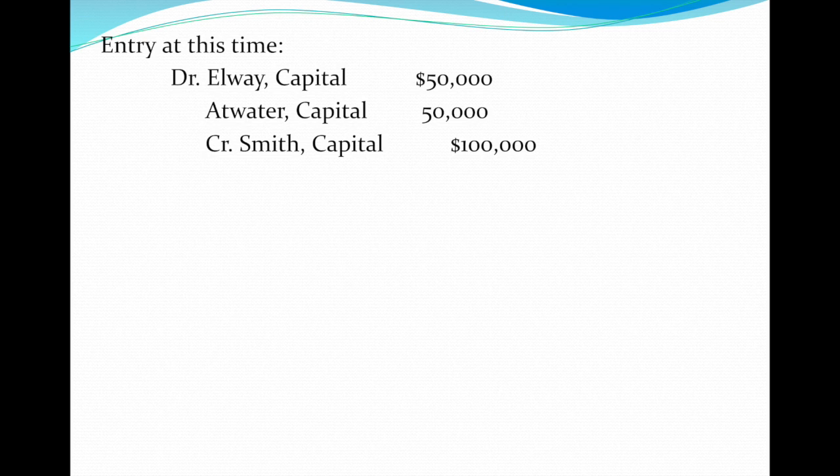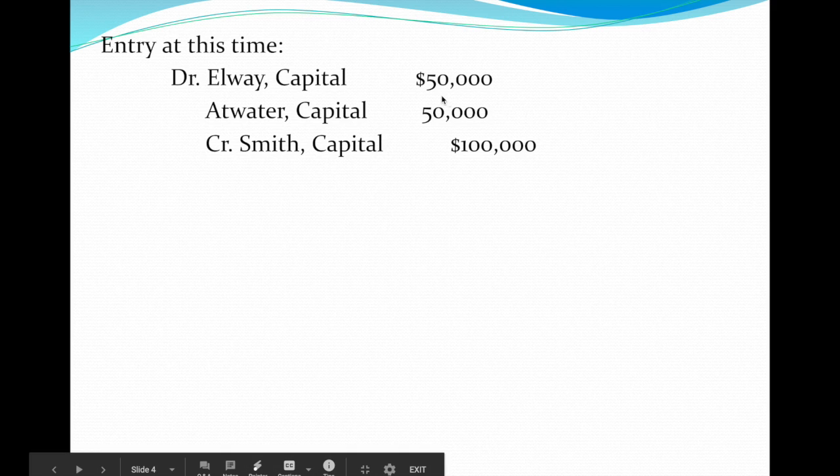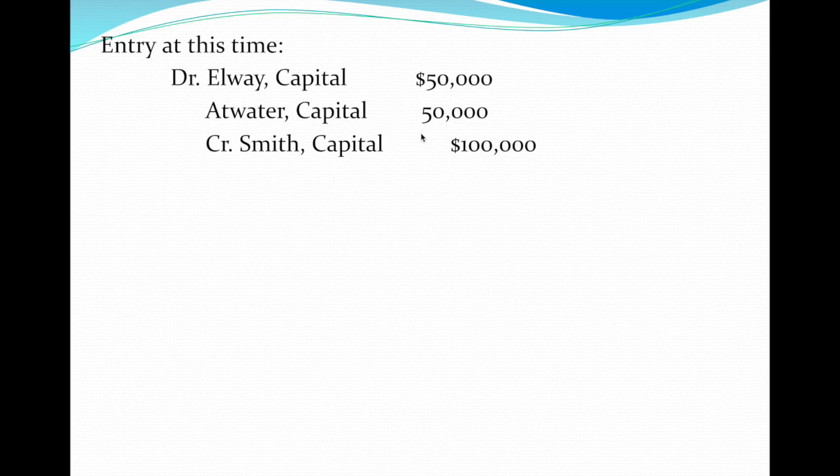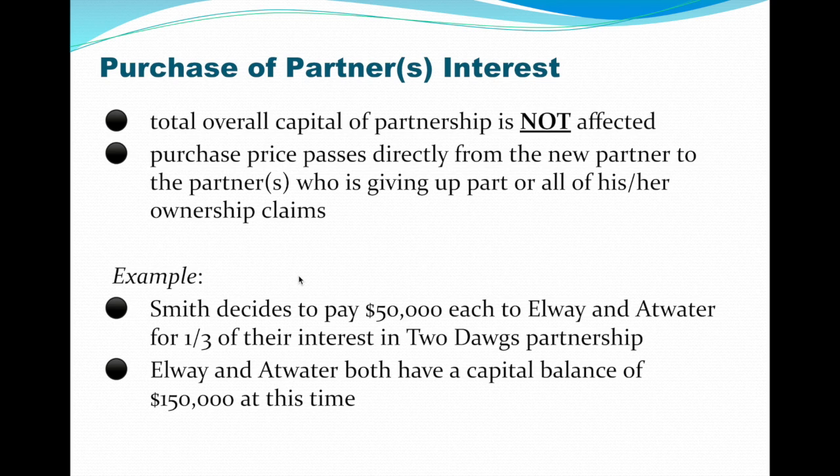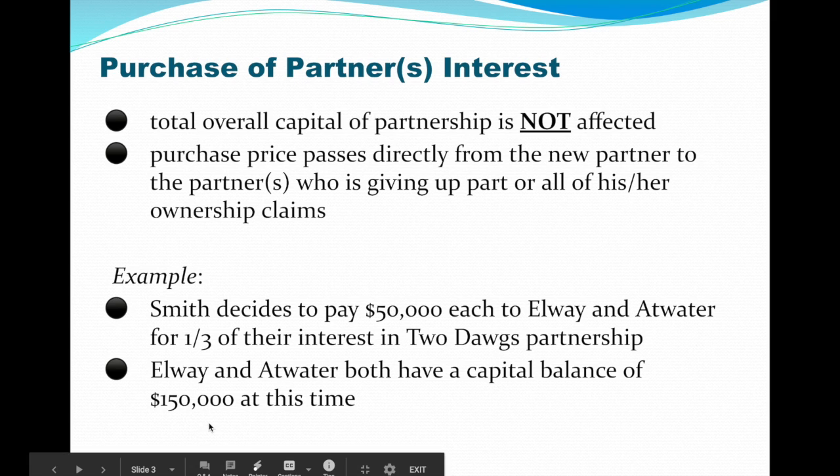So at that time, we debit Elway and Atwater's capital for the purchase price that Smith bought them out for. So in this case, it's $50,000 apiece. So $50,000 to Elway, $50,000 to Atwater. Now, just remember, this is a third of their capital interest. They both have a capital balance of $150,000.